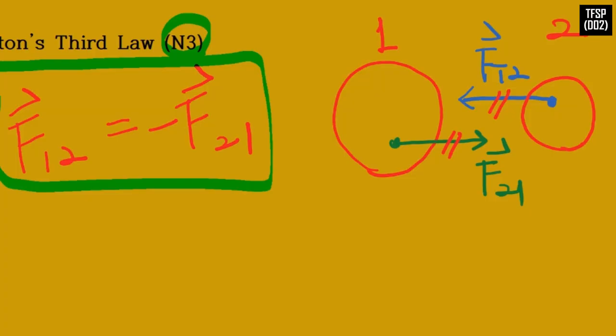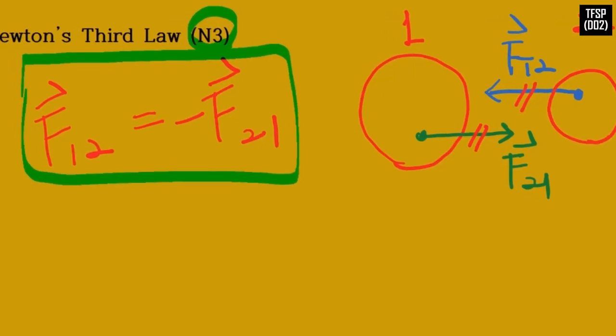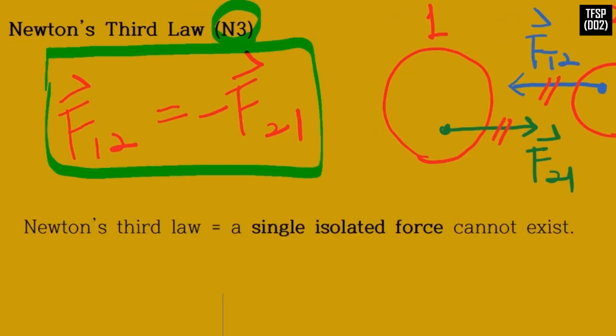Newton's third law states that a force that affects the motion of an object must come from a second object. This is equivalent to stating that a single isolated force cannot exist.